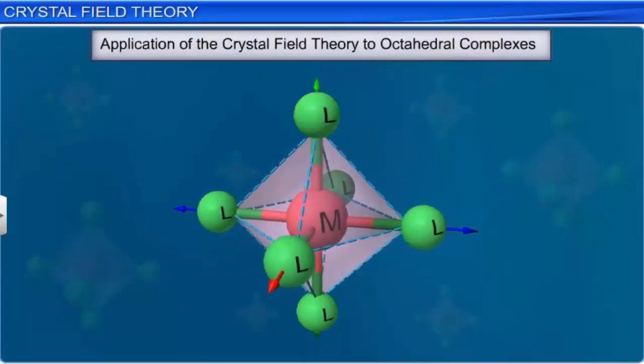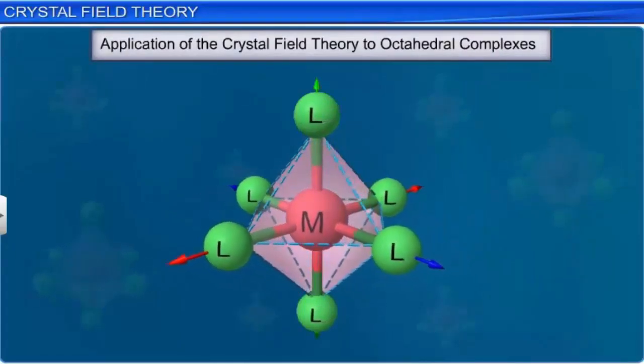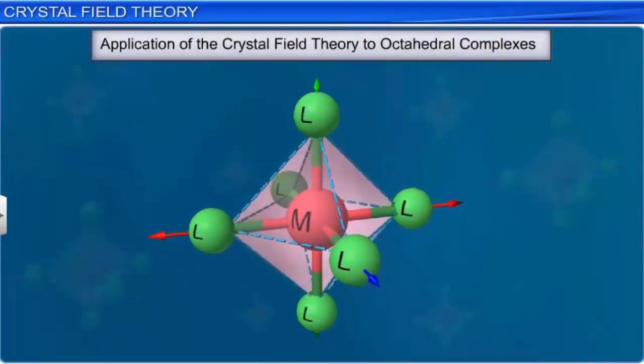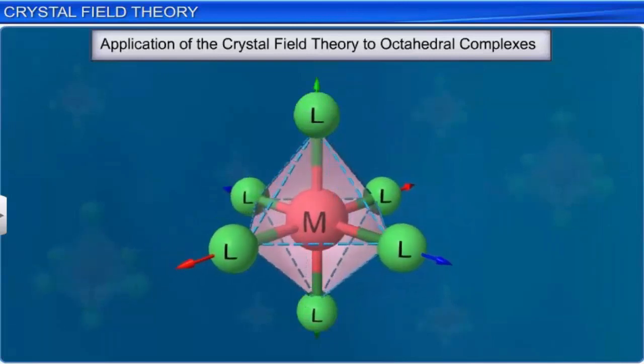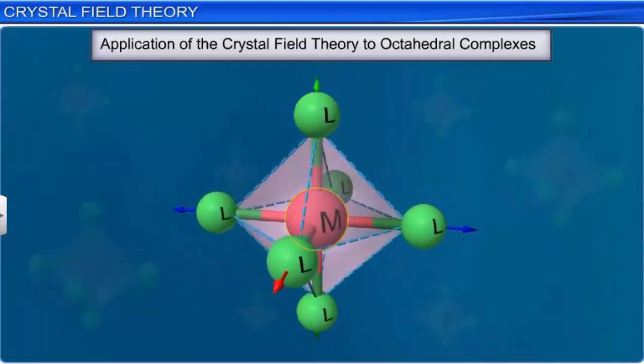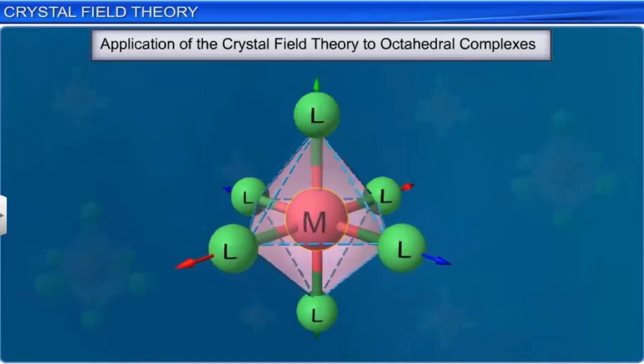Then the ligands approach the metal atom in the actual bond direction. Even though the repulsion exists, the ligands are not stationary; they move towards the metal ion along the actual bond direction.